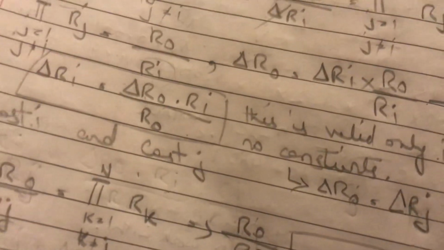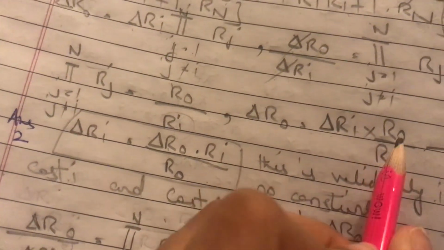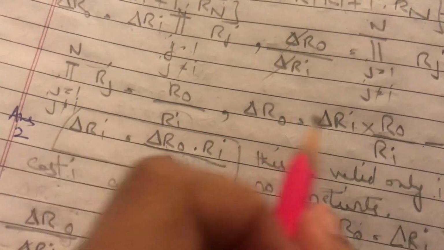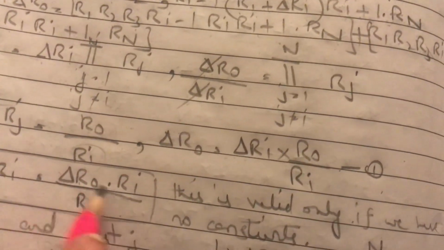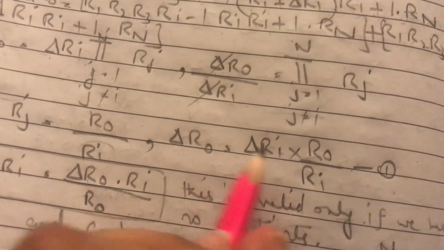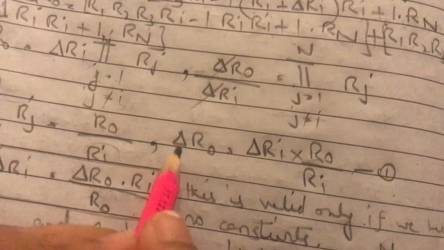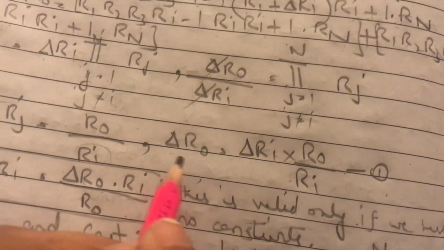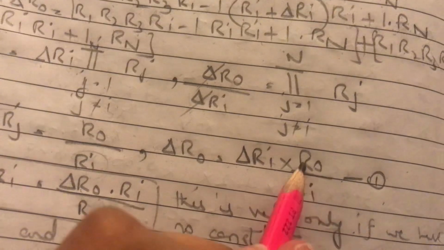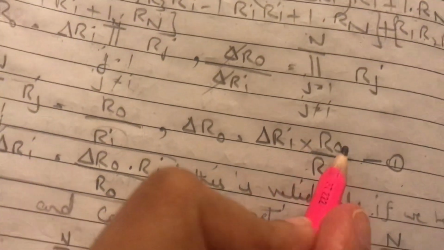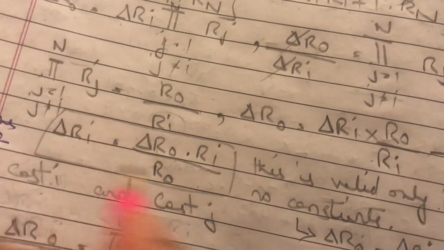And we also find out that delta Ri is the component that we have to work on. So delta Ri equals, this equation can also be written like this. If you have to find delta Ri, it can be written with delta R0, and this Ri goes there and gets multiplied with delta R0, and this R0 goes in division here, and we get delta Ri as this.